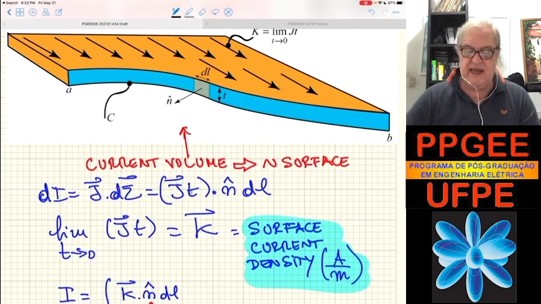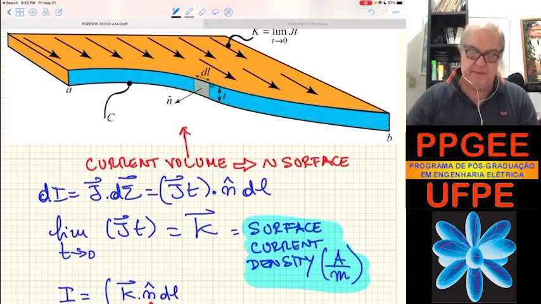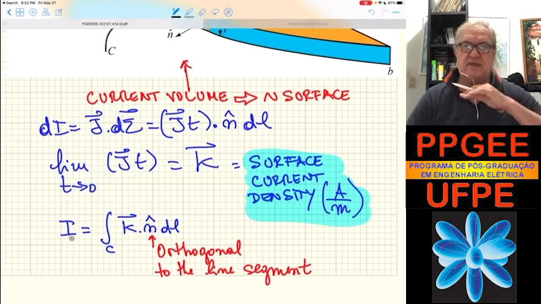So you're going to have K dot n. n is the unit vector that's normal to the path that's being crossed, okay? So that's how you calculate the current for a current sheet, a current distributed over a surface.